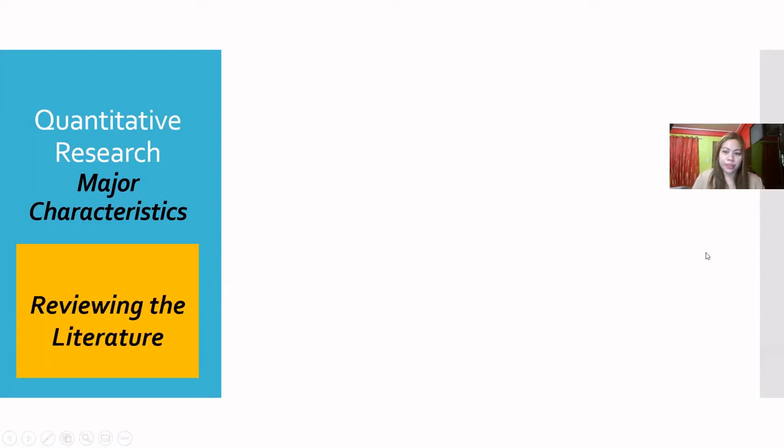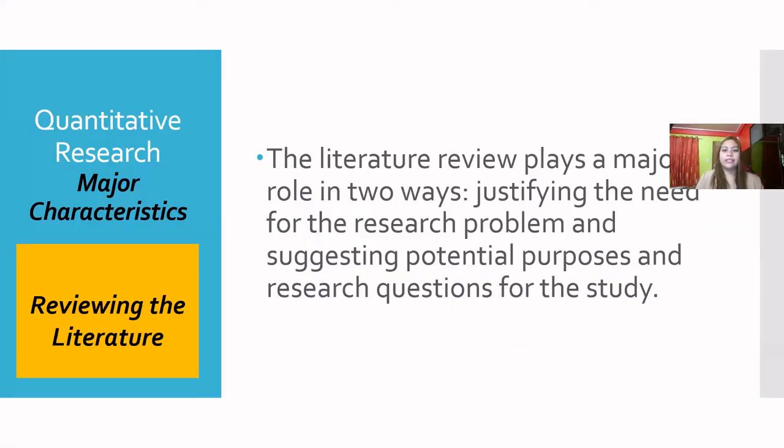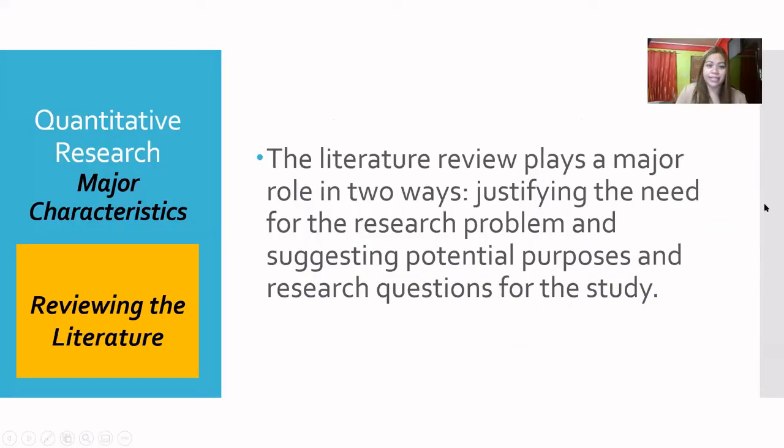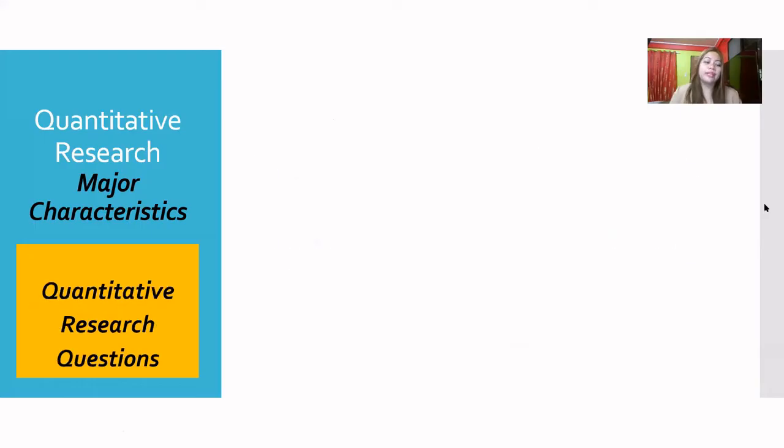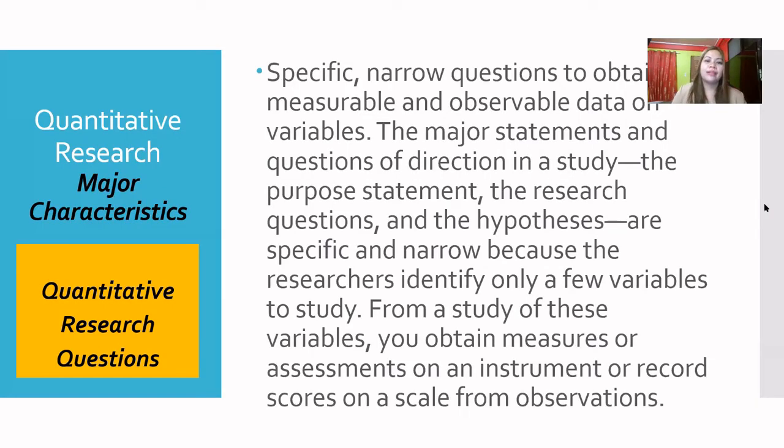In terms of reviewing the literature, the literature review plays a major role in two ways: justifying the need for the research problem and suggesting potential purposes and research questions for the study. In terms of research questions, how were the research questions designed? Specific, narrow questions to obtain measurable and observable data on variables.